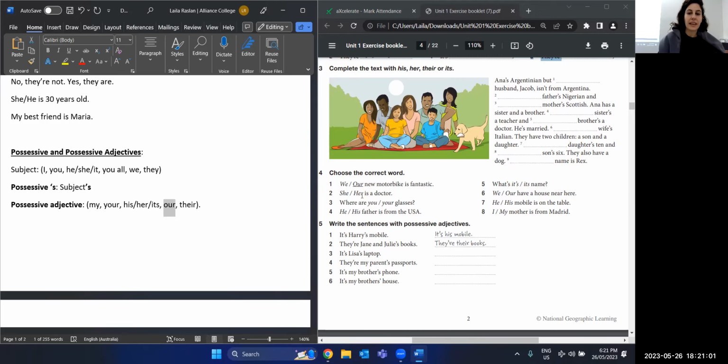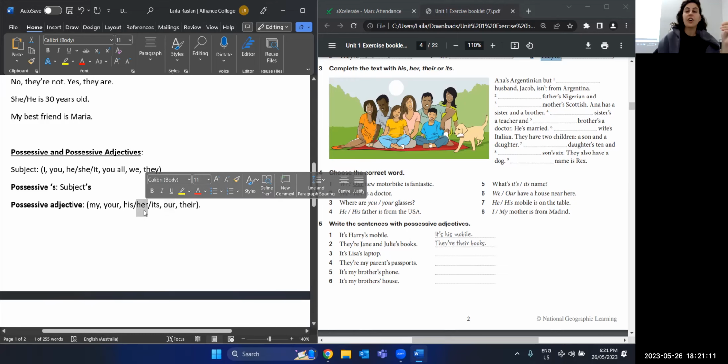Which one would I put here? This just goes back to the first rule when we learnt subject. She is a doctor. It's not her, because I'm not talking about her sister or her book or her house. I'm talking about the person exactly. If I'm talking about something that she has, her house is beautiful.